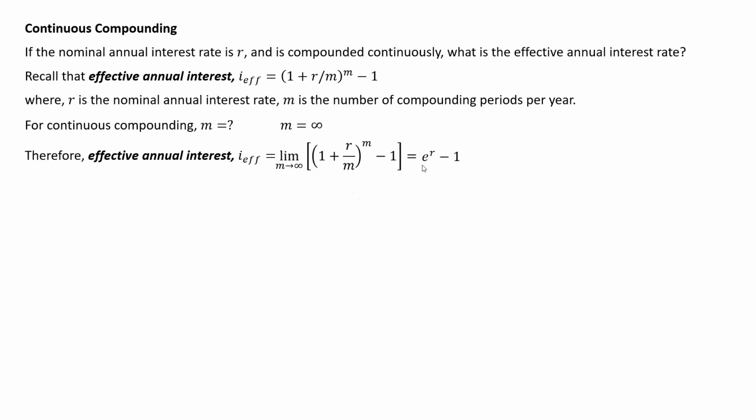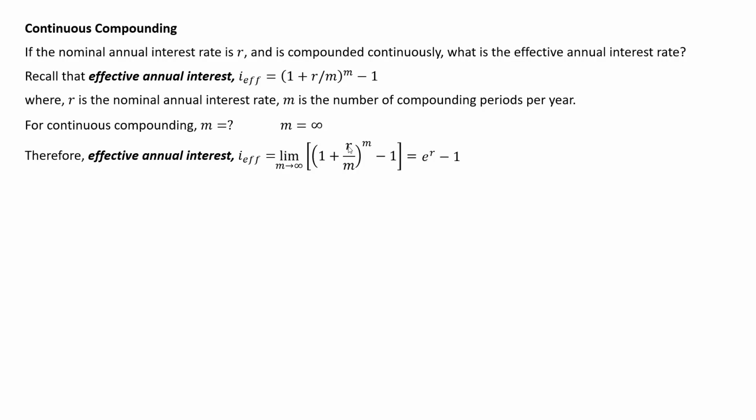That e is the base of the natural logarithm. The base e is defined as the limit as m approaches infinity of 1 plus 1 over m raised to m. If r is 1, then the limit would equal simply e.